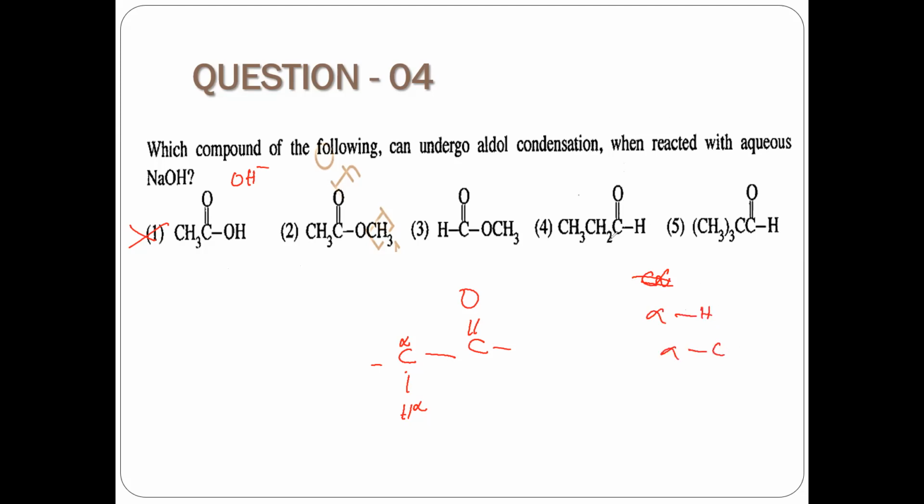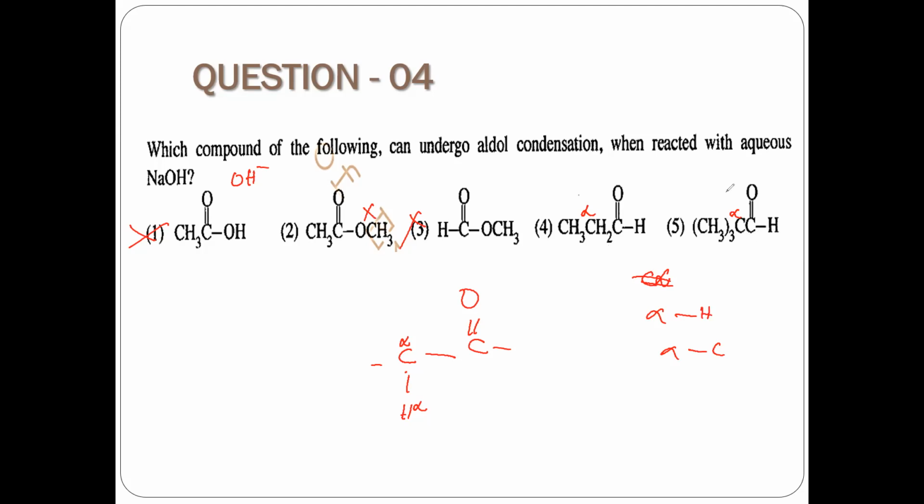So let's check. The carbon should have the alpha hydrogen and alpha carbon. Self-condensation: the oxygen is there, so this is not possible. Here the carbon is there, and the next carbon, the alpha carbon, is possible.